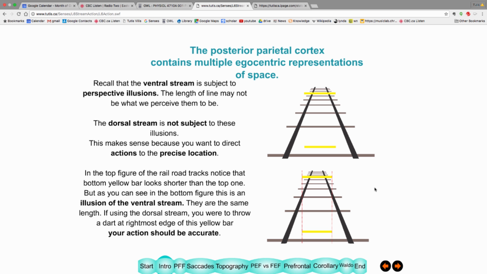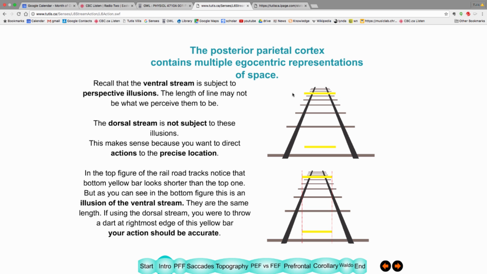Now we saw that the what stream was sensitive to these optical illusions. So this line is of the same length as this line, but because we have this sense of perspective, we assume that anything that's over here is longer because it's farther away.